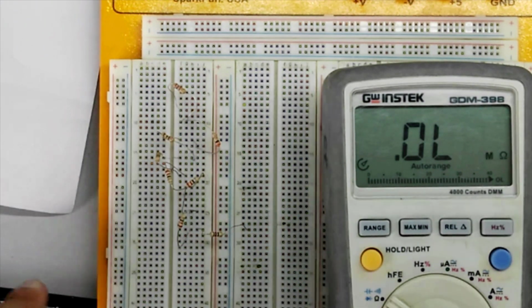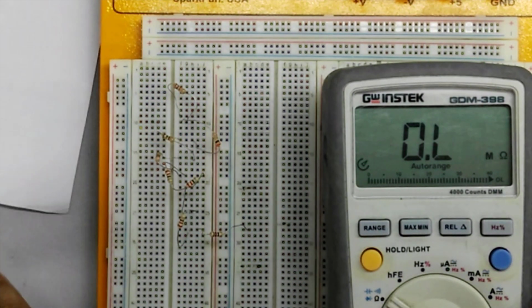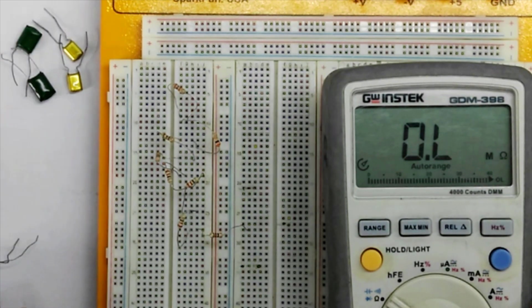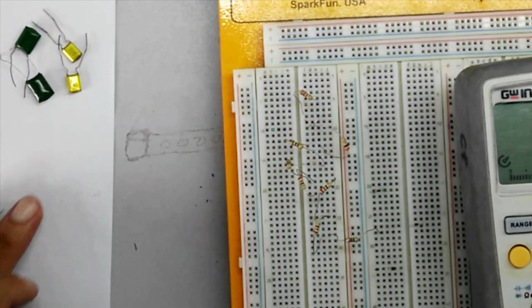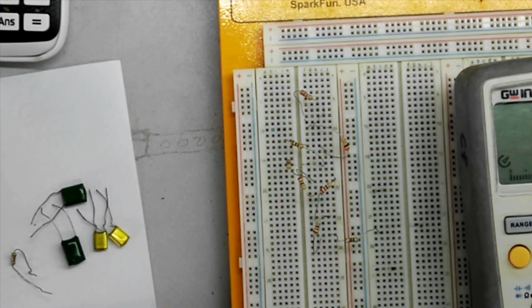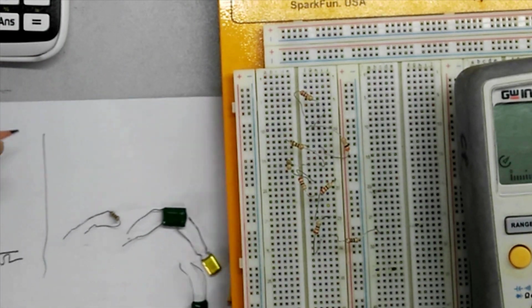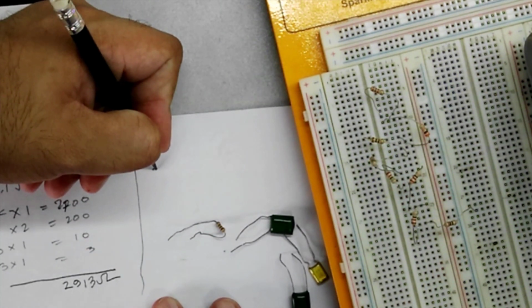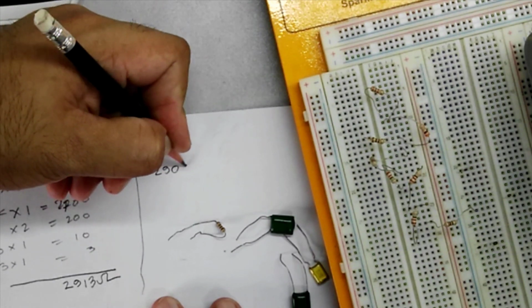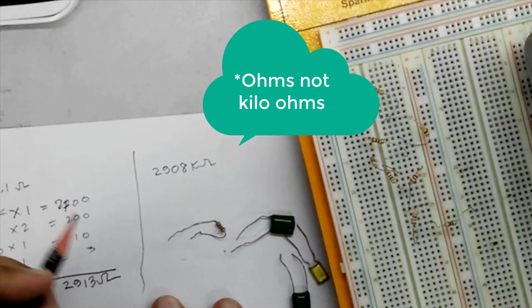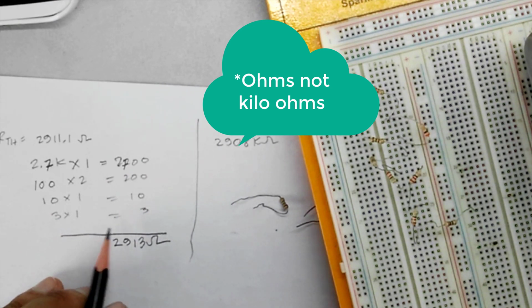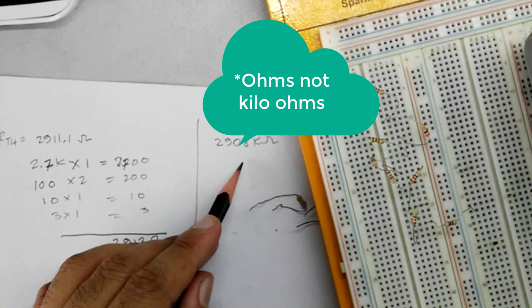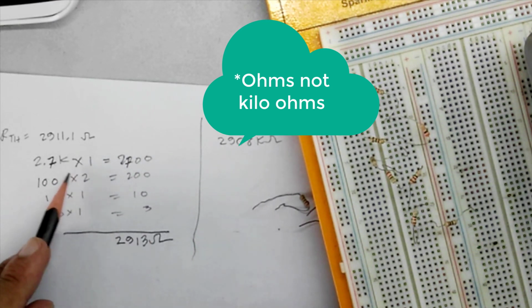So we have an R Thevenin of 2.908 kilo ohms, which is very close to our calculation. So practically we have implemented this and we needed this, so we are very close.